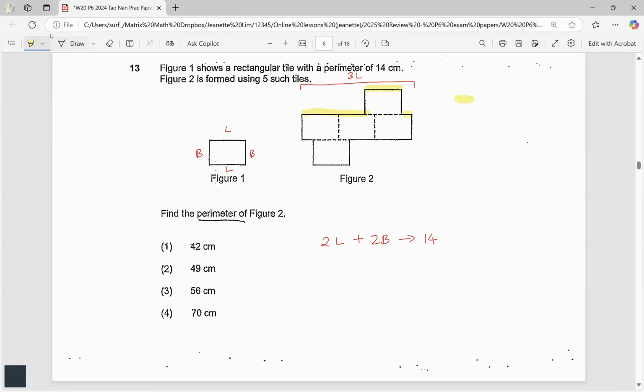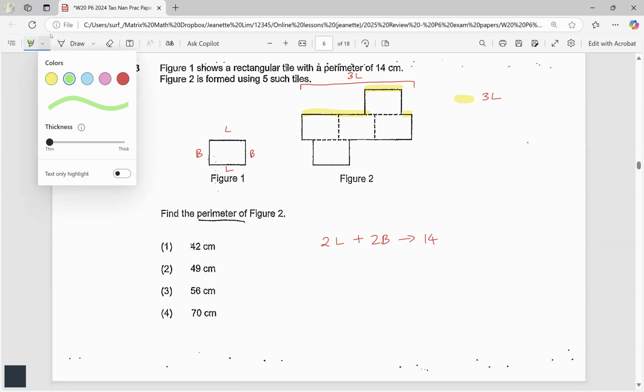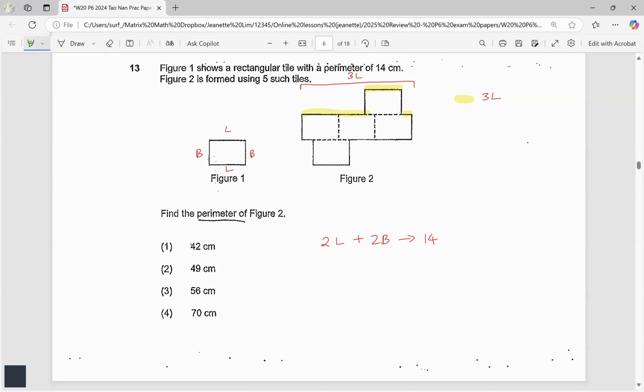Then there's another set of 3L below this, and this. I don't really need to know specifically how much is this part or that part, but I know the sum of all these will be 3L.